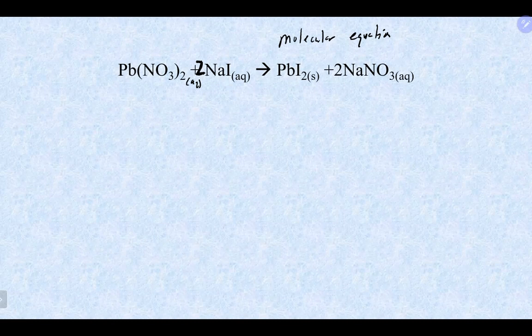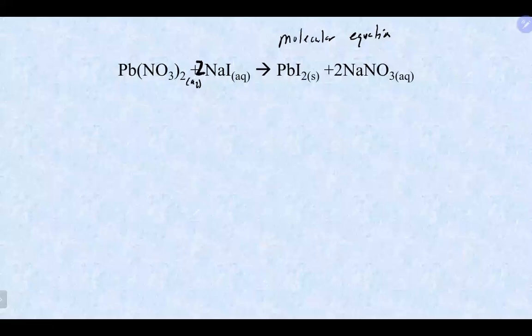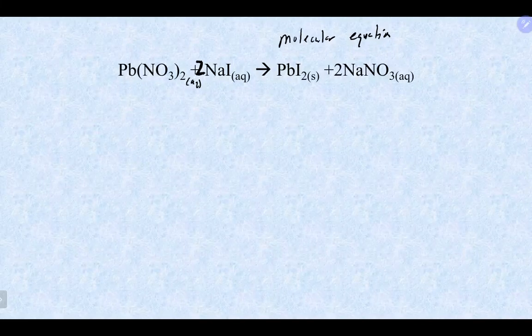But basically, when we mix together, in this case, the lead(II) nitrate and the sodium iodide, say in a beaker, what is really happening is not really reflected in this type of equation. So we can write another equation which describes what's happening when we mix everybody together.